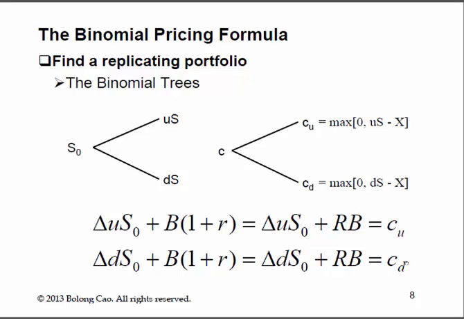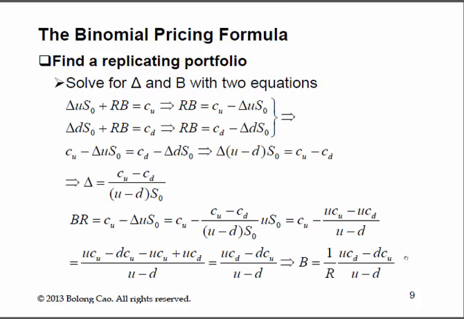So we have two equations, two equations for two unknowns. Now, all we have to do is solve these two equations to get our two unknowns, and then we can find the expression for the call option value or the call premium.